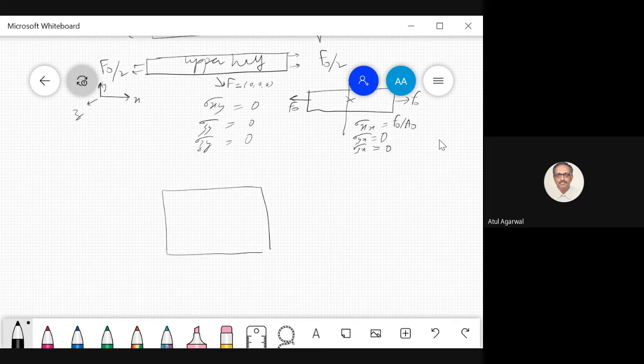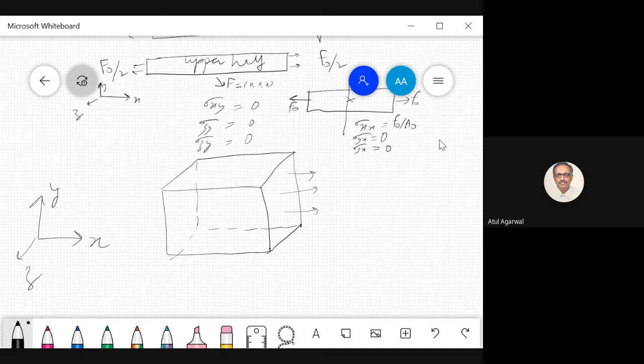I am drawing a 3D object. I have my coordinate system. Always draw a coordinate system. So there are uniformly distributed forces on these faces.